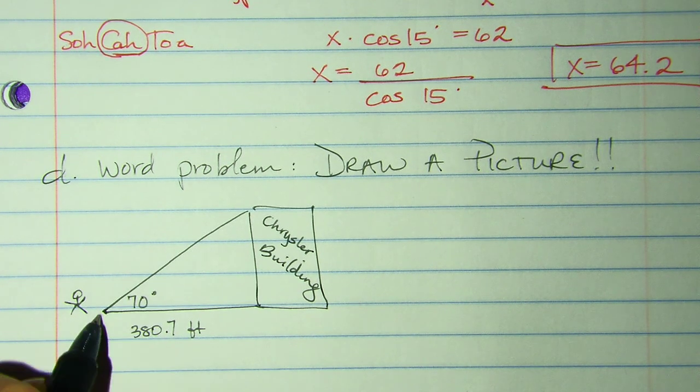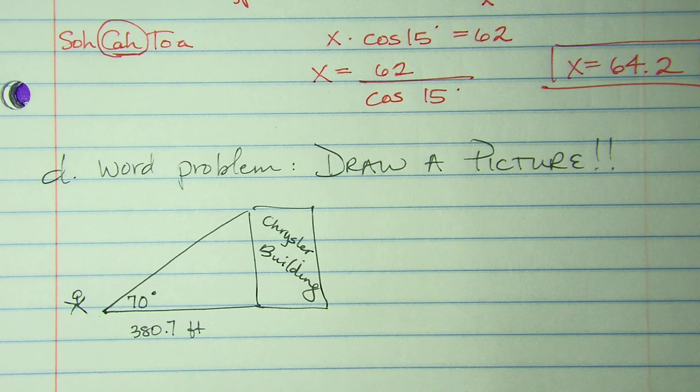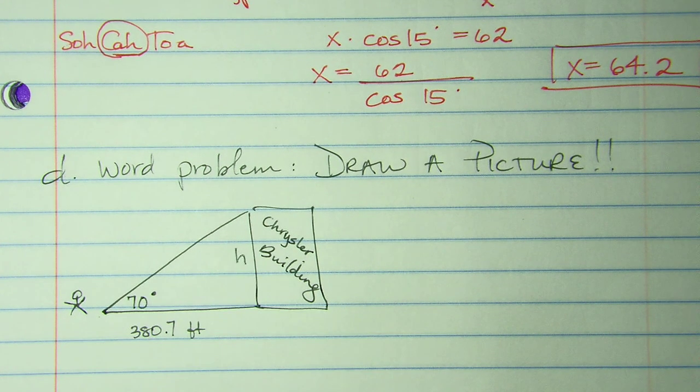So from him to the building. Okay, and I don't know if you've ever been driving and you see a PG&E and they're measuring something. They're using tools, you can use lasers now to find the height. Even cell phones have the device where you can find the distance and height. But anyways, they're asking, find the height of the Chrysler building. So they want the height of our Chrysler building.